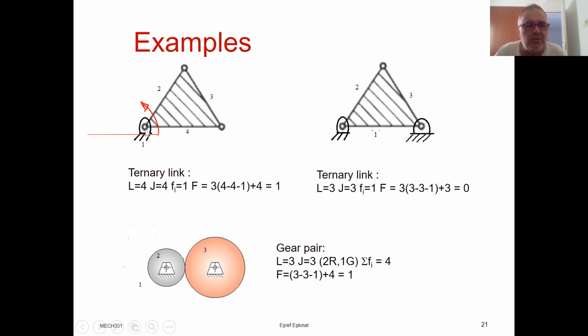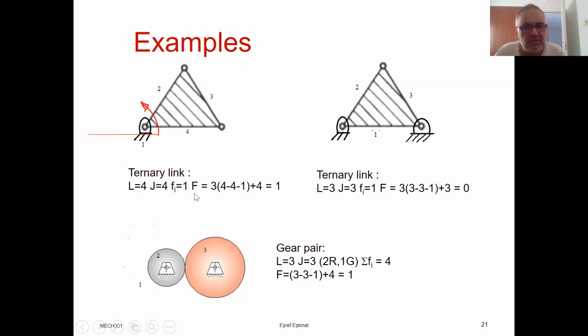Here you have 2 joints, that's the tricky thing. You see 2 and 4 are connected, and 1 and 2 are connected, let's say, okay? So you have 2 joints here, 1 joint here, 1 joint here. So J is 4. Each joint has 1 degree of freedom.